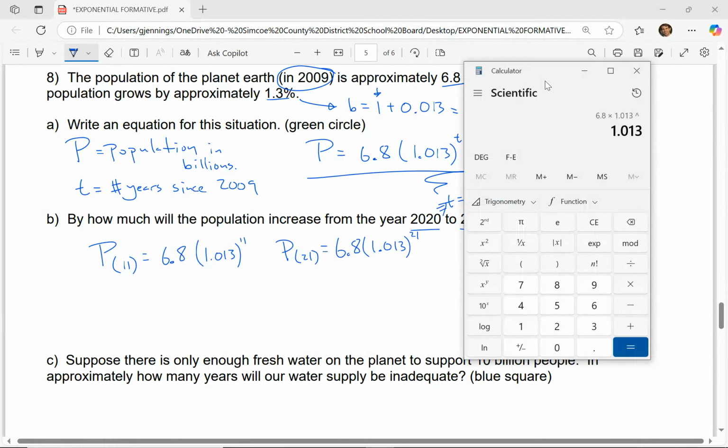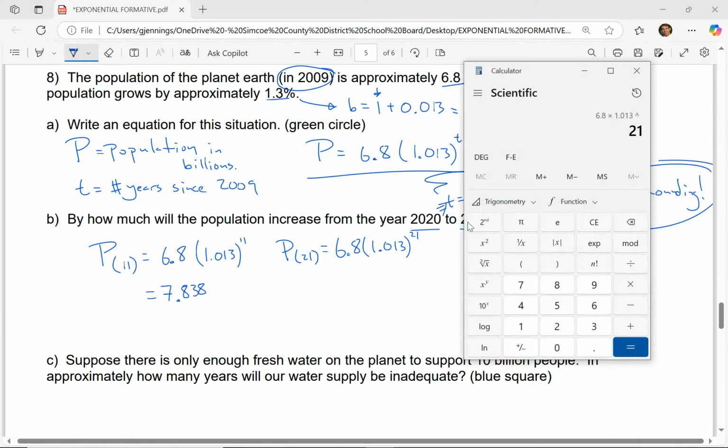Don't you worry. Okay, 6.8 times 1.013 raised to the power 21. There's going to be more people, that's my prediction. There are more people, 8.919. So this is the nearest million, because that's billions, and that's millions, and that's 100 millions, and that's 10 millions. Okay, that's how number works.